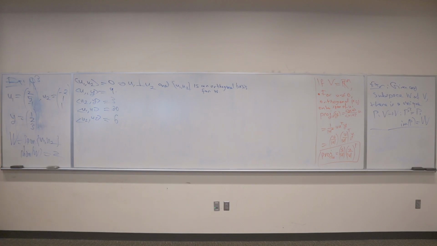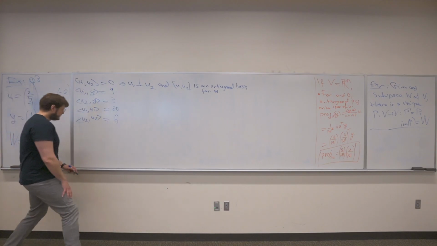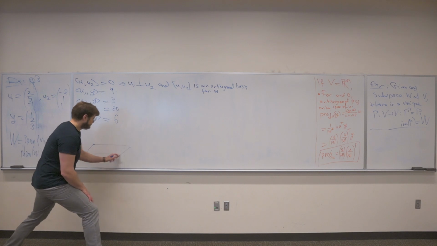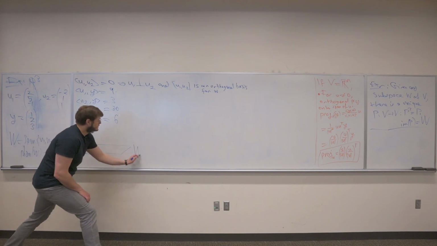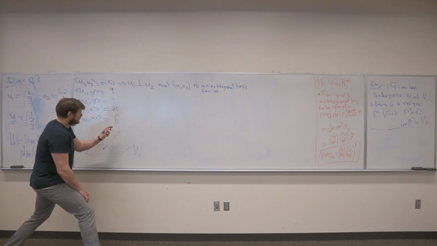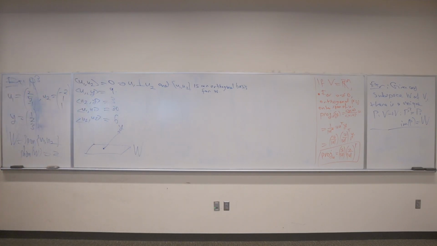Okay, now what was the idea? Here's a schematic. This is my W inside 3 dimensions. Somewhere here is y, and I know that u1 and u2 are vectors in W that are orthogonal.